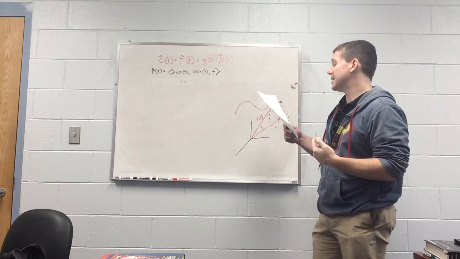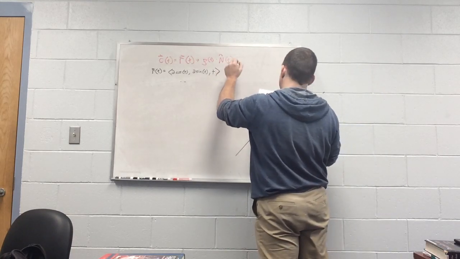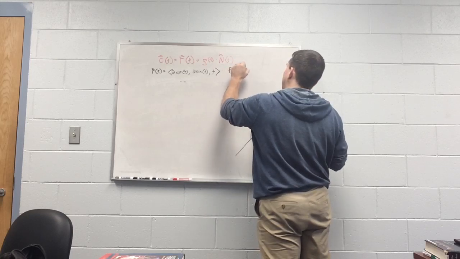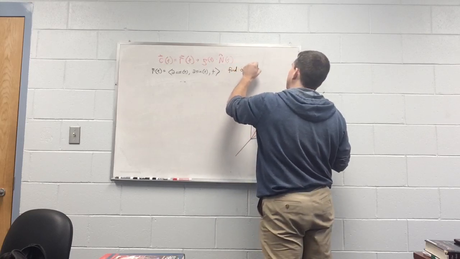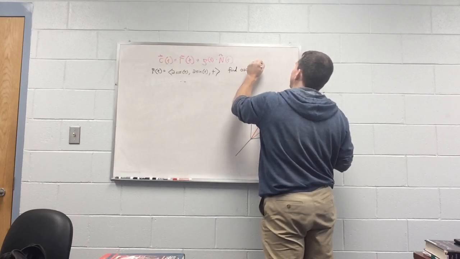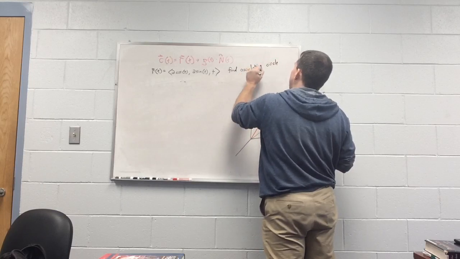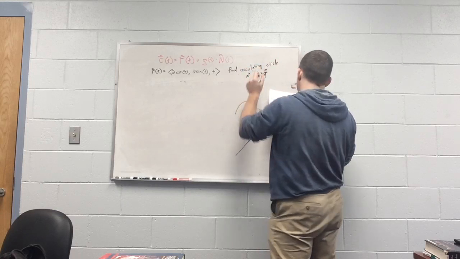A helix, the radius 2. And I want to find the osculating circle at t equal to pi over 4.